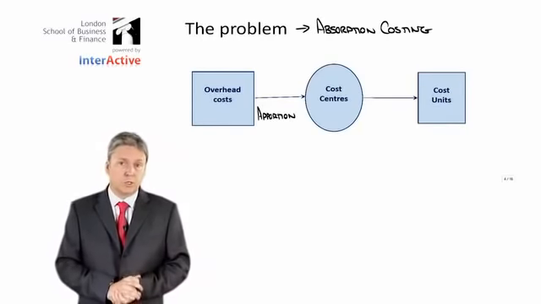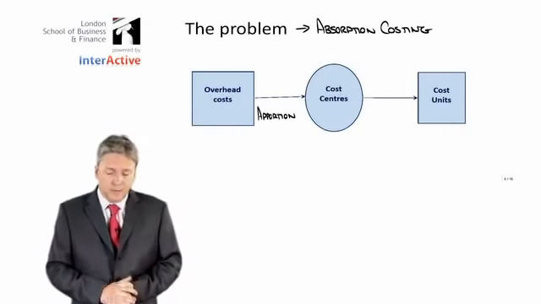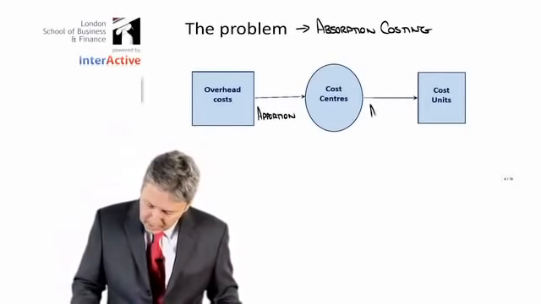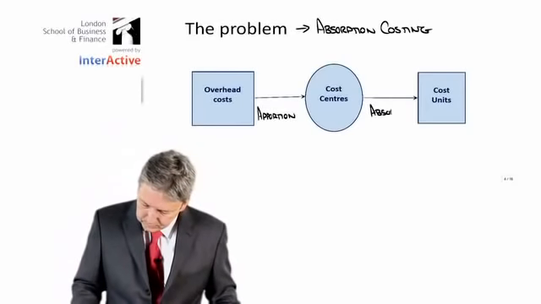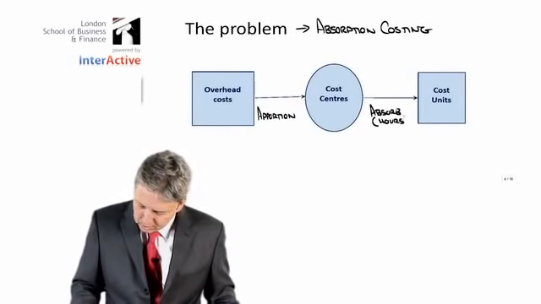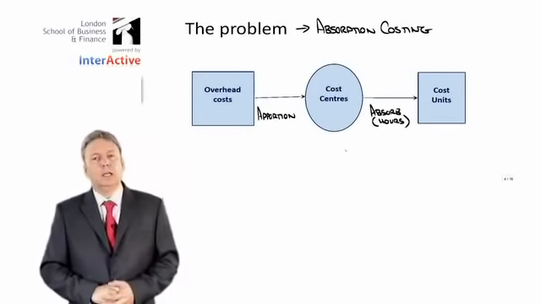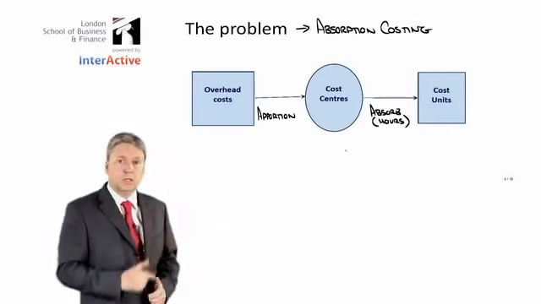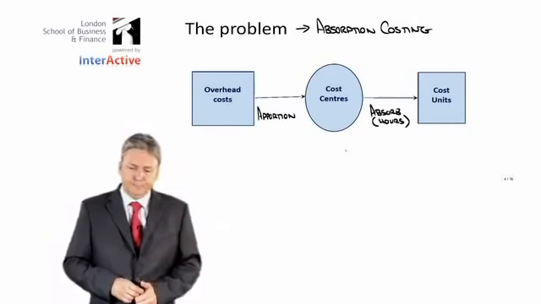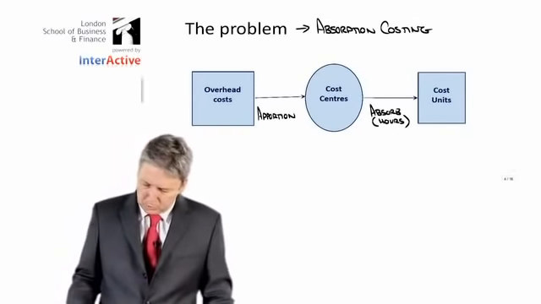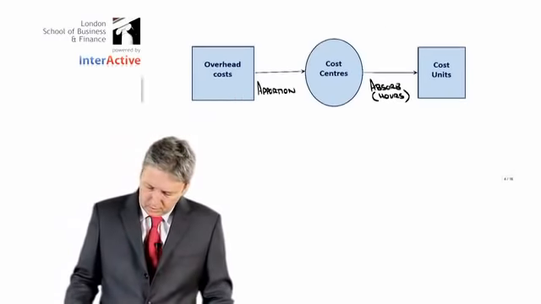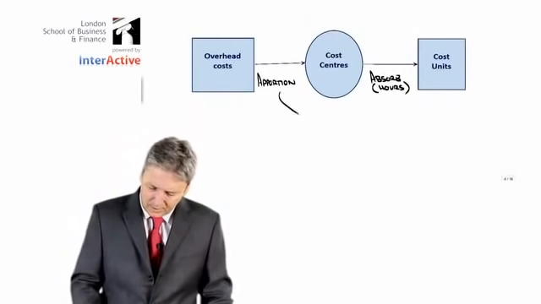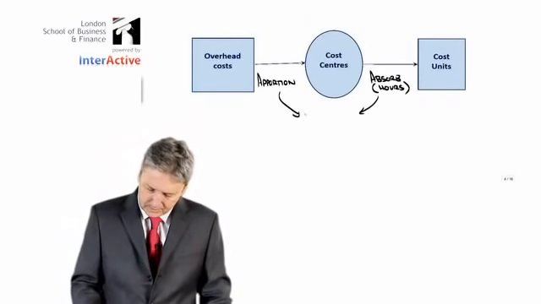So we spread the costs in some fair manner. And then what we do is we absorb, using some simple basis, normally based on hours, in order to link the costs from the cost centre to the cost unit.